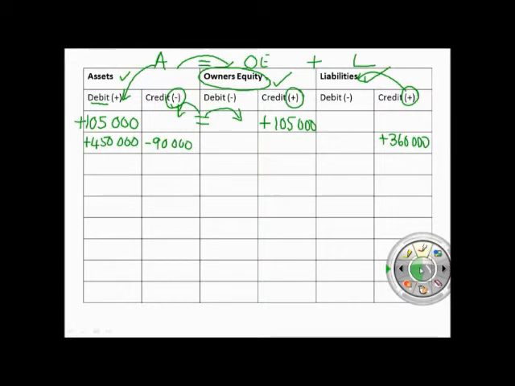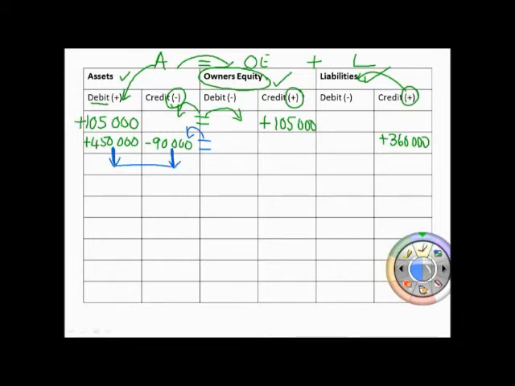Let's have a look and see what has happened now. Okay, on the left-hand side of the equation, our assets went up because of inventory by 450,000. They went down because I paid for that inventory out of my bank account with only 90,000 Rand.